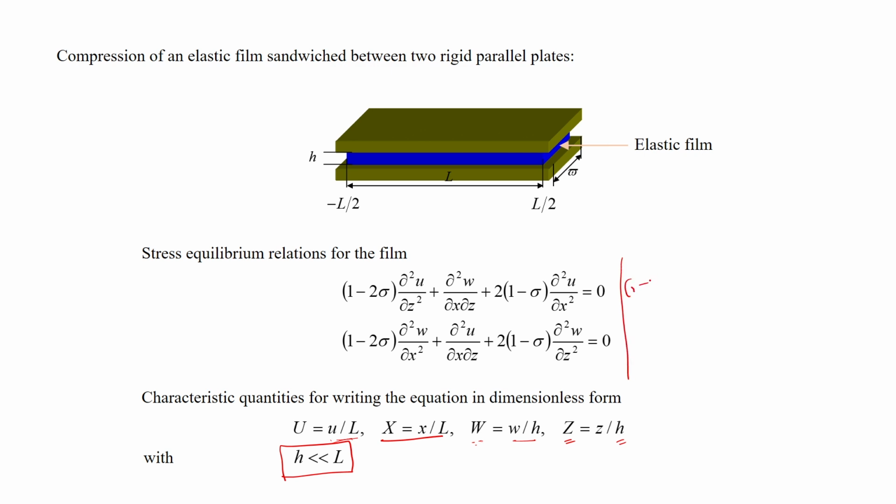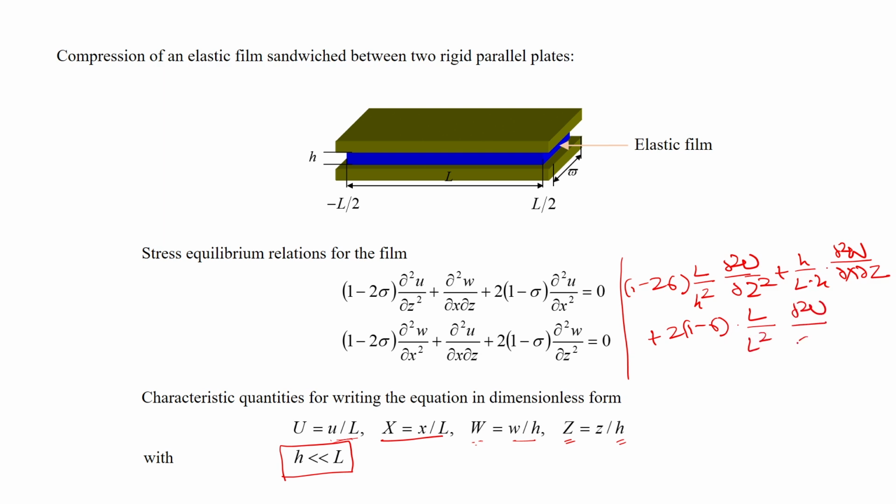It will be 1 minus 2 sigma, and this is u, so it is L, and this is z here, so it is h square, del square capital U by del capital Z square, plus del square W, so it is h here by, x is L, z is h, del square capital W by del x del z, plus 2 into 1 minus sigma, u is L and this is L square del square u by del L square. So, this is equal to 0.